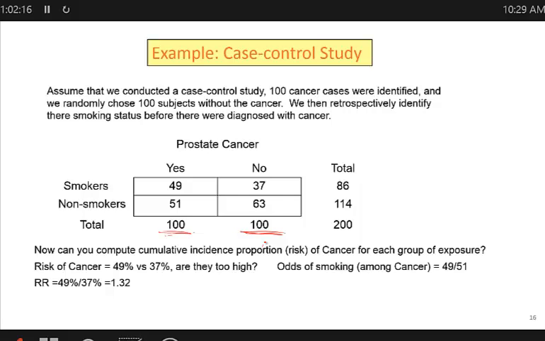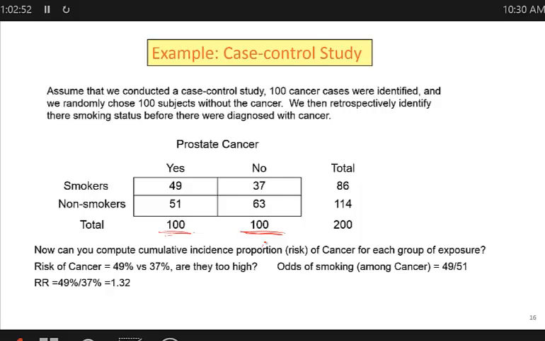In a case-control study, since you are starting with cases, what we compare is between cases and non-cases, and we compare the odds of having exposure. If the cases have higher odds of exposure, then you might have evidence that exposure leads to the outcome. So what is the odds of smoking within prostate cancer patients? 49 to 51, that means 49 divided by 51.